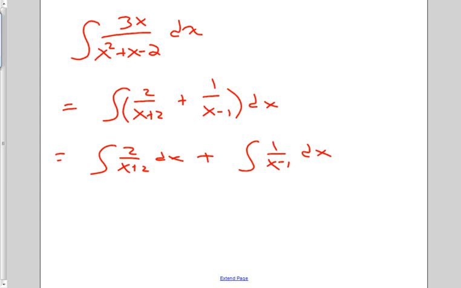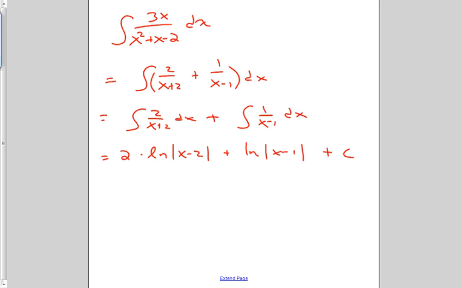And we know that we're going to be looking at some natural logs. So this equals 2 times the ln of x plus 2 plus ln of x minus 1. And since it's an indefinite integral, we are going to have plus C.